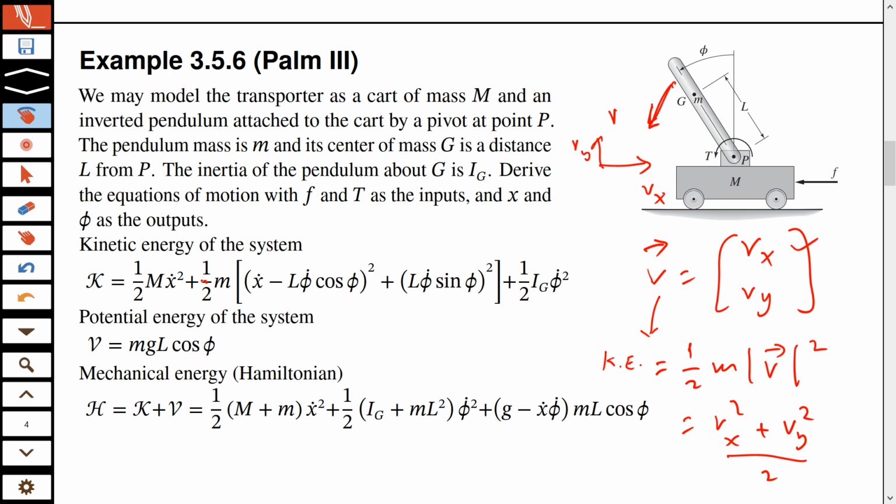This is half, this is divided by 2, m is already there, and now, if you remember, we had this expression that x dot is the part of vx that can be attributed to the motion of the cart, because these two bodies are attached, so the motion of the cart will also give that motion to the rod, and the rod is rotating as well, so it is the part of rotation.